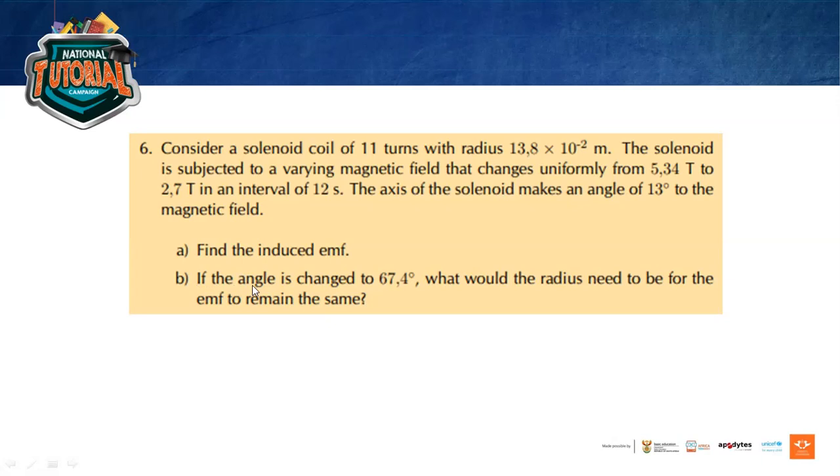And number B, if the angle changes to 67.4, what would the radius need to be for the EMF to remain the same? This one is interesting, guys. If the angle changes, what would the radius be?